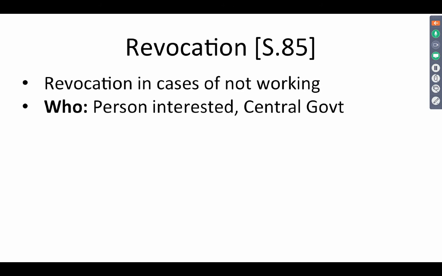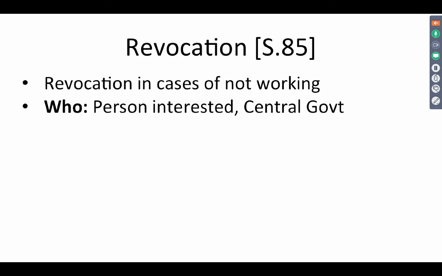Now, section 85, though it comes under the chapter on compulsory license, gives the power of revocation of a patent. Now, this is what we call revocation in cases of not working. Any person and the central government can take an action for revocation under section 85.